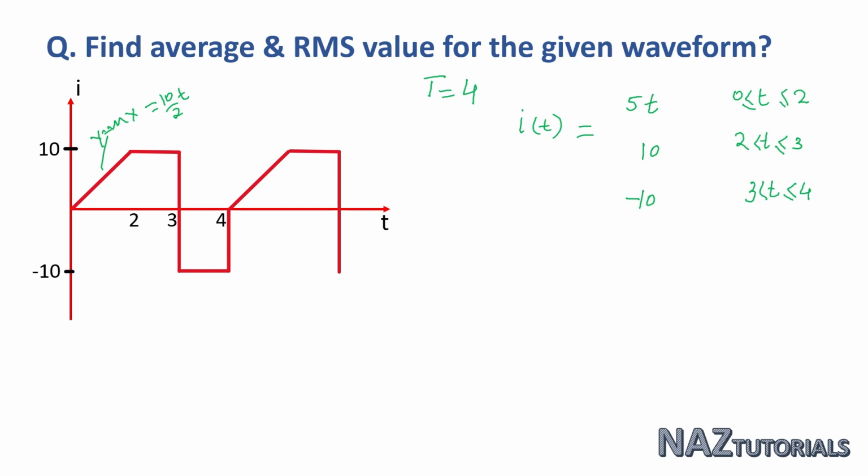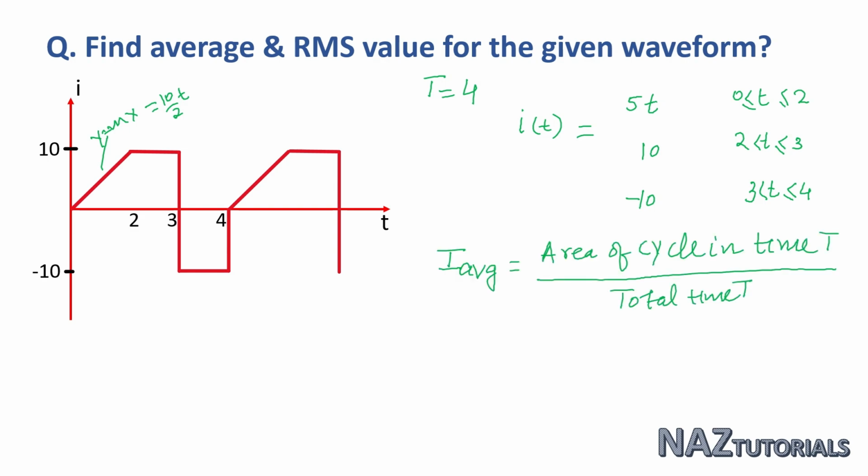Now analyze the average and RMS values from this current wave shape. I average is the area of the cycle in time T divided by total time T. Here you can see three areas of this cycle. This is our first area, this is our second area, and this is our third area.